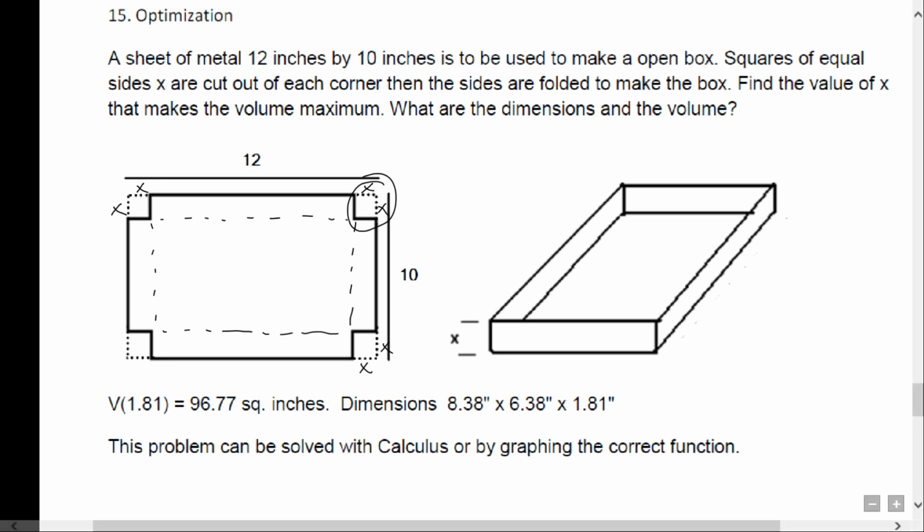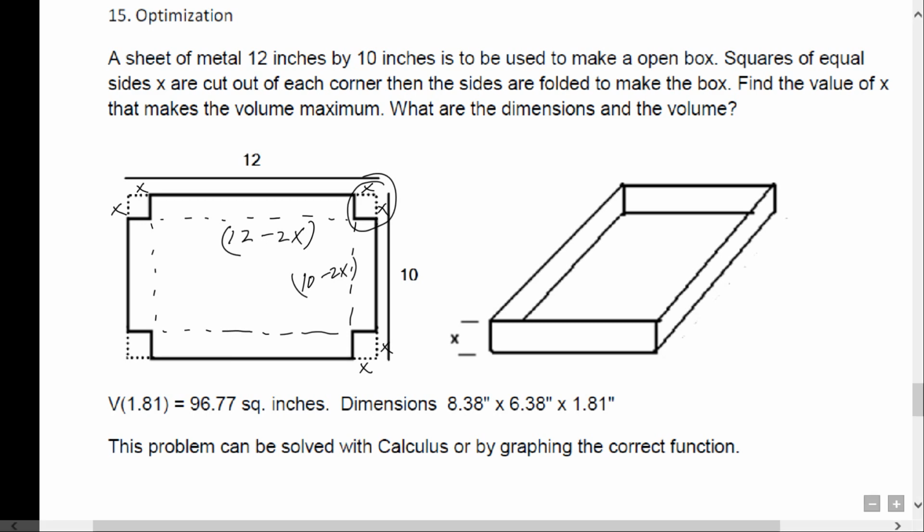Notice that the length of the box is now going to be 12 minus 2x, and the width of the box is going to be 10 minus 2x, and the height of the box is going to be x.